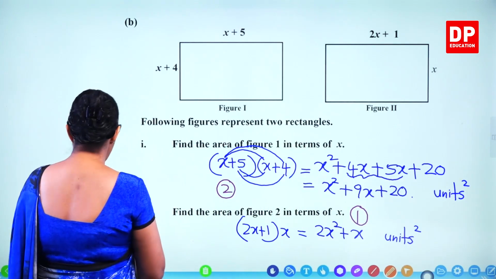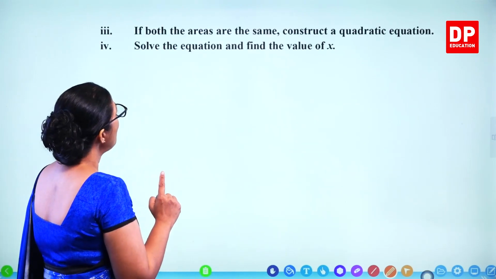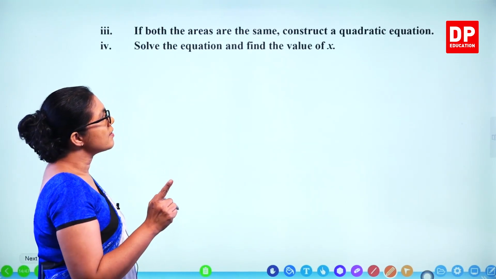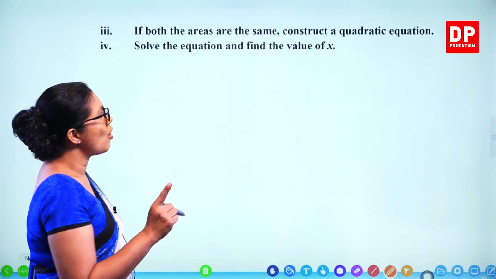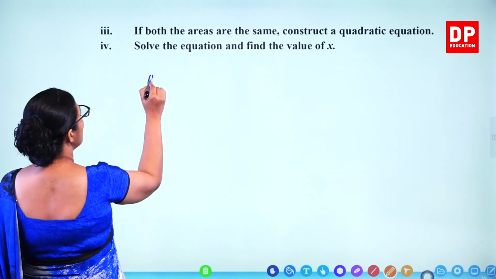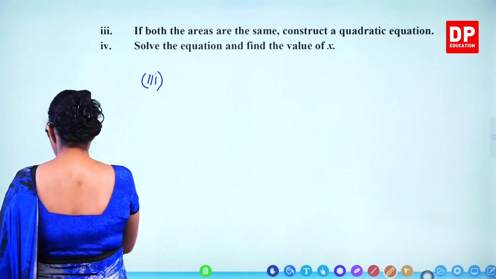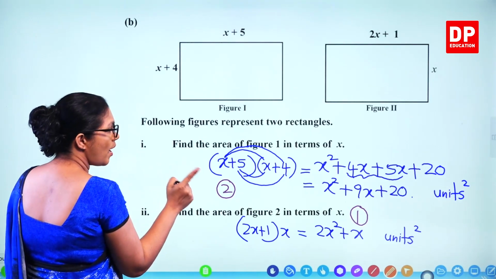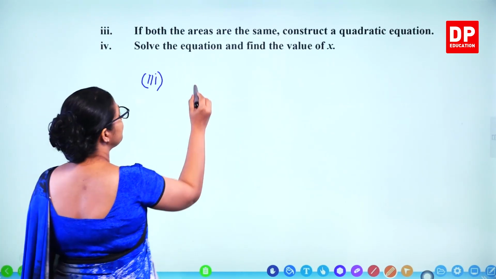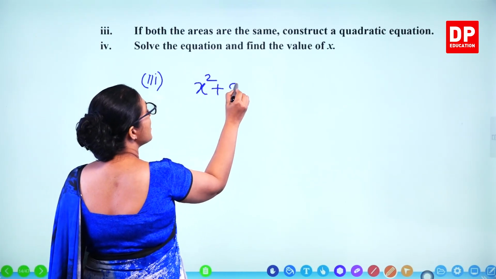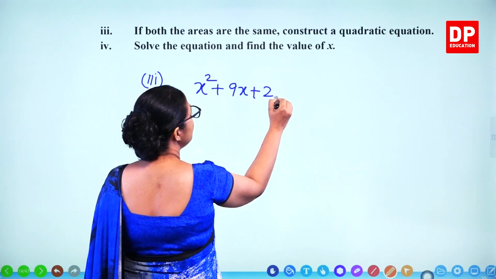Then the next part. If both areas are the same, construct a quadratic equation and solve it. So what are the two expressions you got? x squared plus 9x plus 20.